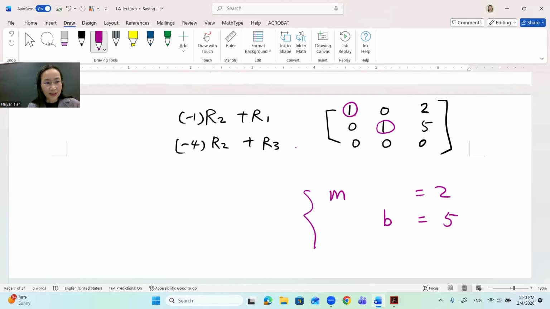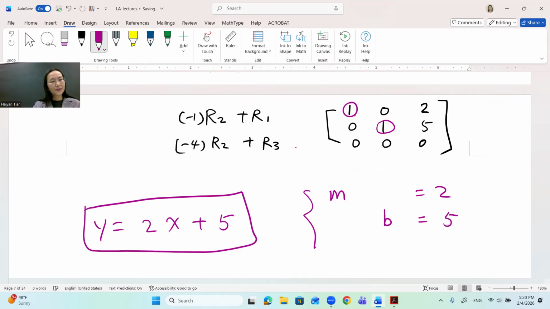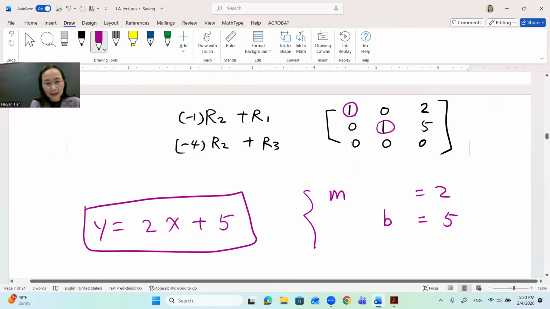Then what is the equation of the line? The equation is the slope, which is 2, times x plus b, which is 5. So we have found a straight line that passes through all three given points. Because this is an alternative approach, but is this the same line?